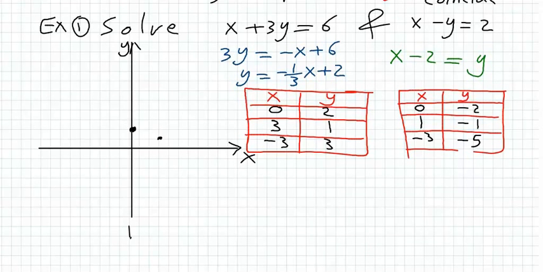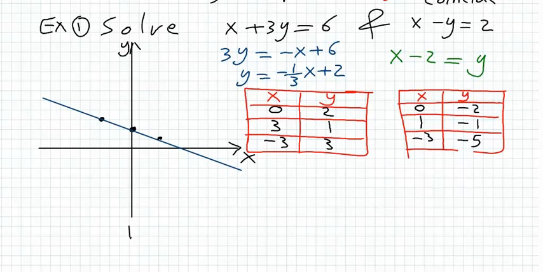Minus 3 in the x-axis, in the y-axis we have 3, so we have a point over here. Now we can draw a line through these 3 points.